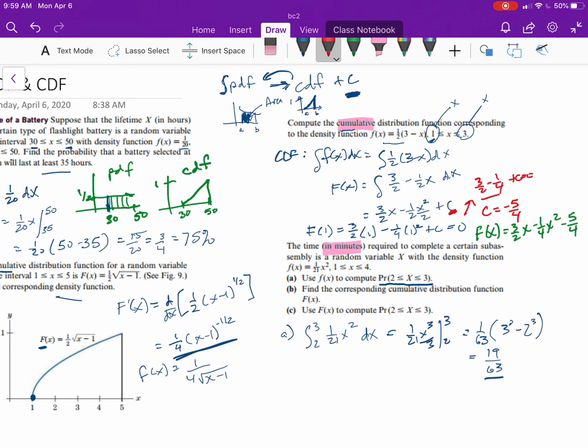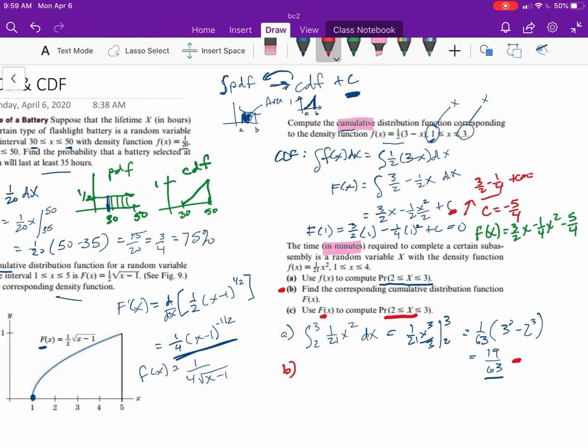Okay, let's change colors to differentiate. So B, find the corresponding cumulative distribution function. Okay, well, looking ahead, we're doing this, and then we're going to use the result from B to compute the same probability we did in A. So we should get the same answer here.